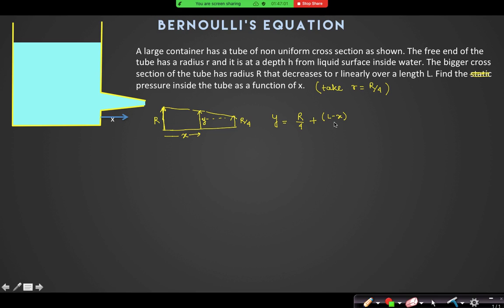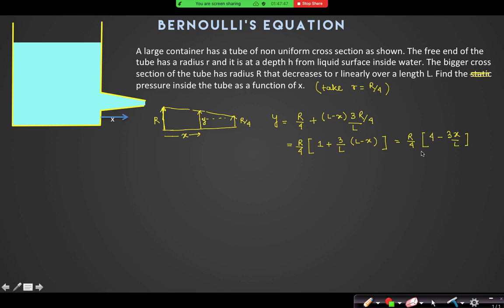Tan theta is 3r by 4 divided by L. May I try the answer, sir? Yes. The answer will be a complicated one. So I got P naught minus rho g h into 1 minus capital R square divided by (capital R minus 3Rx by 4L) whole square. Something like this. Okay, let us check.